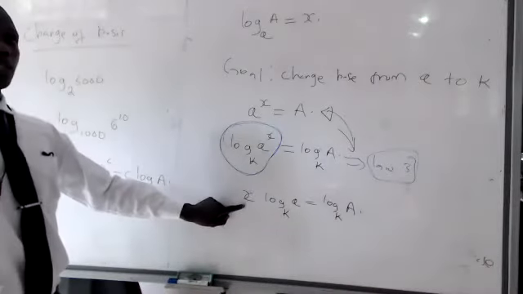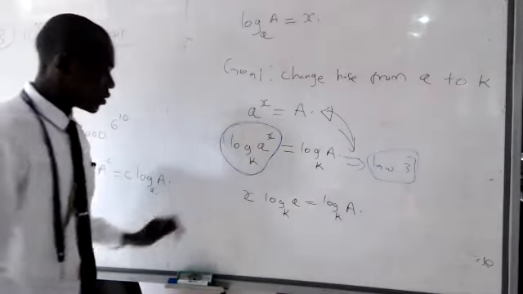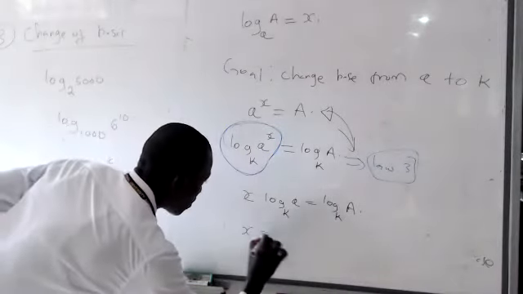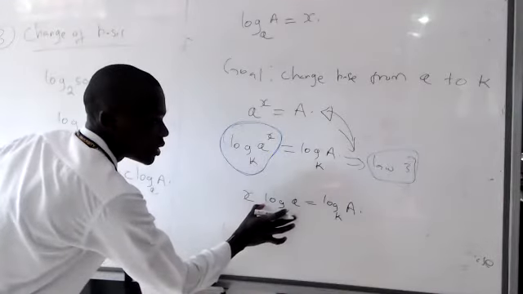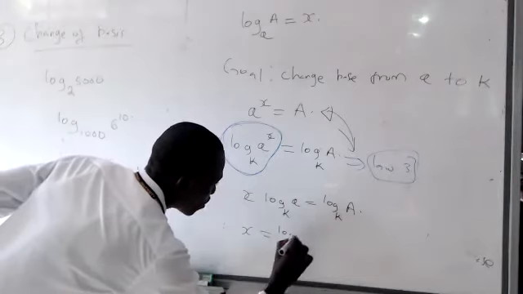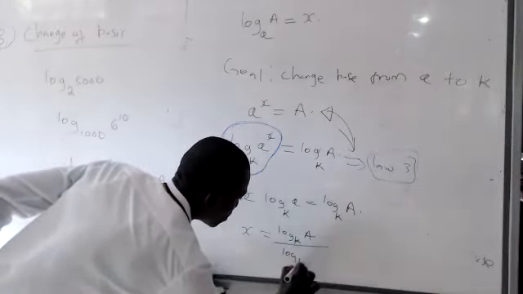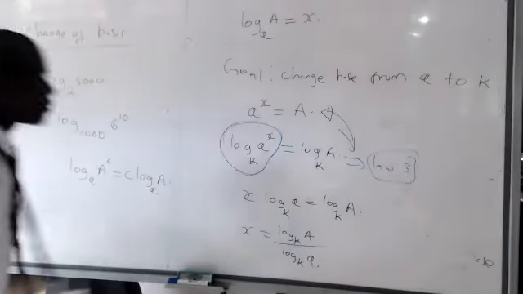I need to make x the subject of the formula. Of course, I'm sure this is a non-zero number. So I'm dividing both sides by this to get x as the subject. This becomes log to the base k of A divided by log to the base k of a.